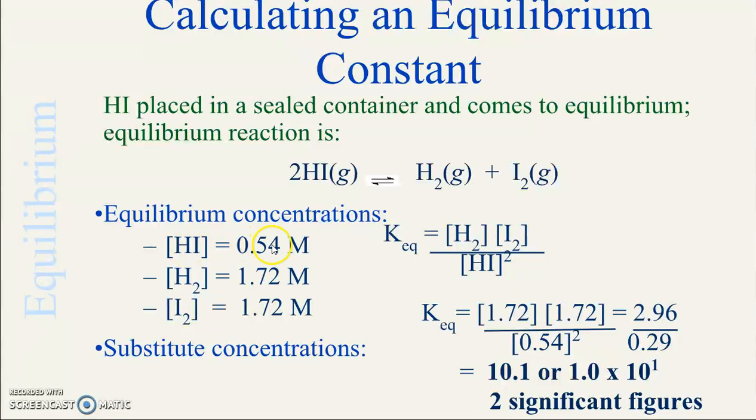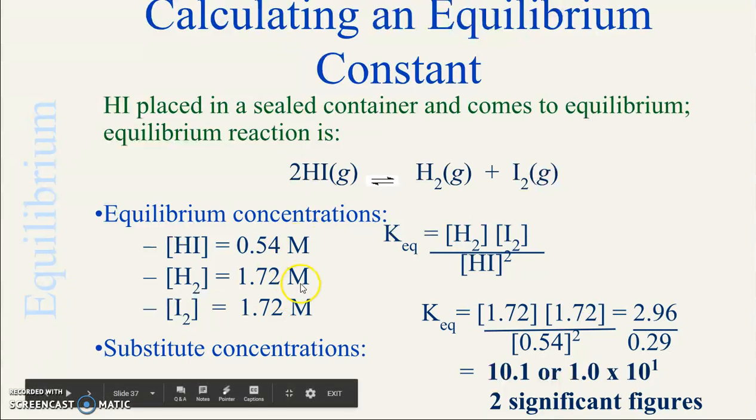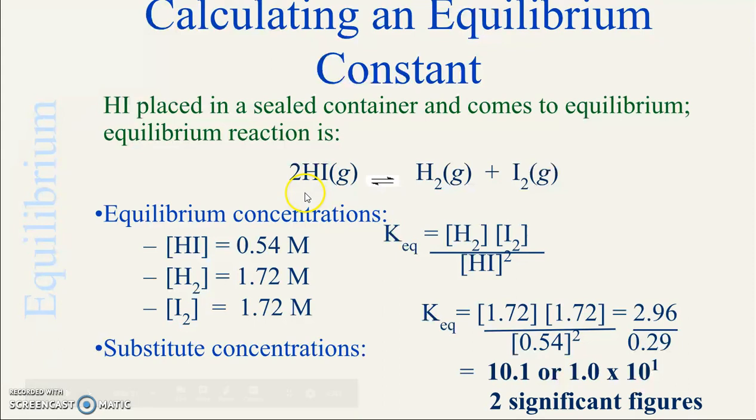If I was able to calculate how much of these materials I made, their actual concentrations in moles per liter, rather than just looking at moles or grams, I can calculate how much I started with and how much I ended with, for the reactants and the products. And then all you have to do is plug these numbers in.